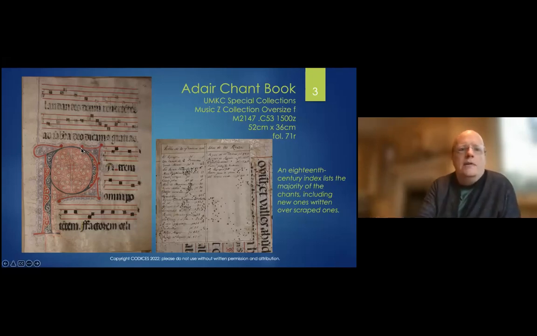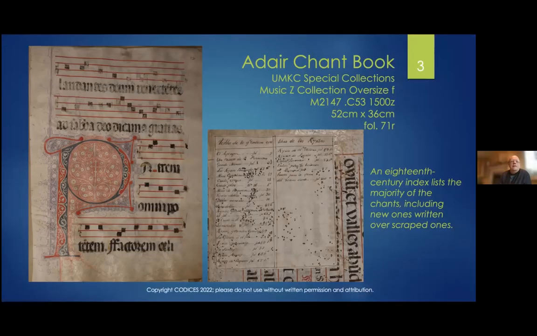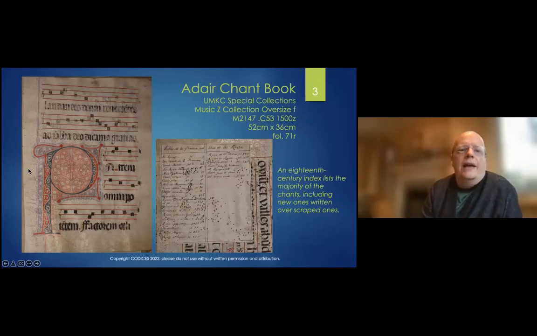What I'm showing here is a sense of what one of those pages looks like. The red lines are the musical staves, the black are the notes, the words are the lyrics that would be sung, and then at the major sections they have these decorative capital letters that are aesthetic additions to the book, marking changes of section, changes of song, all sorts of things. These are scattered throughout the book.